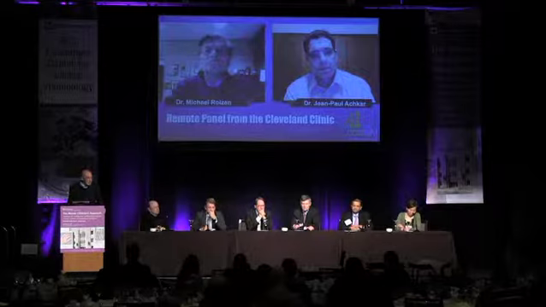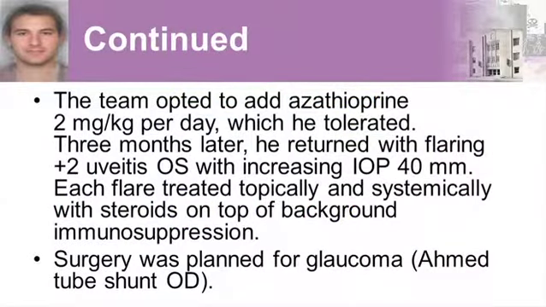Those are your three options at this point. Okay, let me feed you a little bit more information here. So those are the next thoughts. The team opted to add azathioprine, an antimetabolite, 2 milligrams per kilogram per day, which he tolerated quite well. 3 months later, he returns flaring again, and now has increased intraocular pressure on that side.